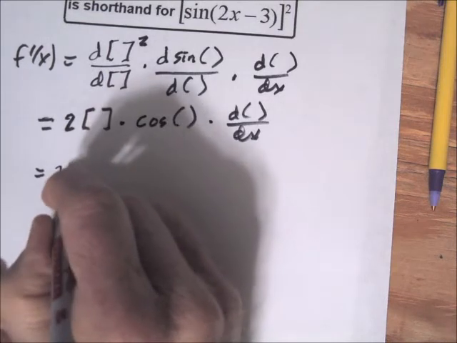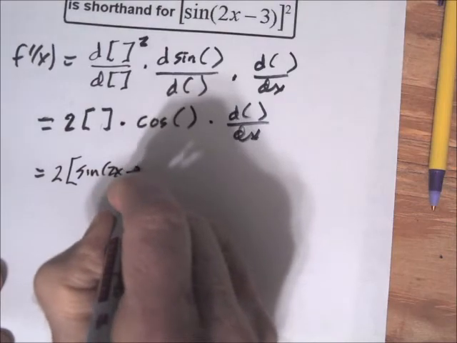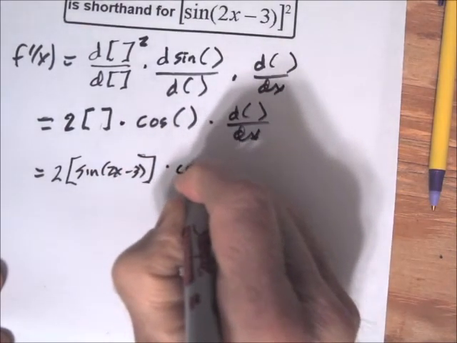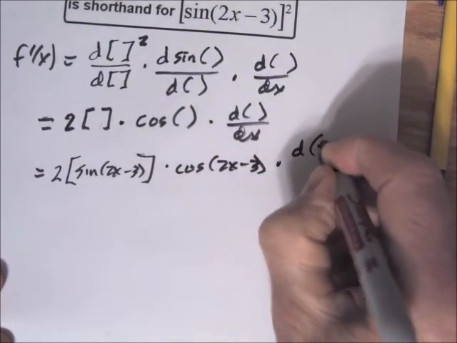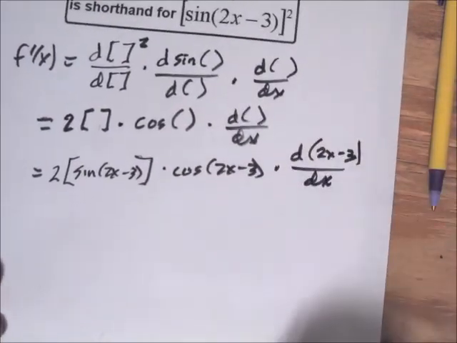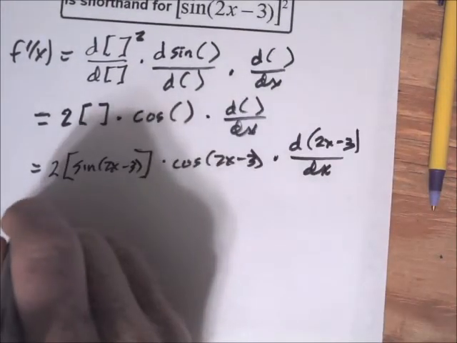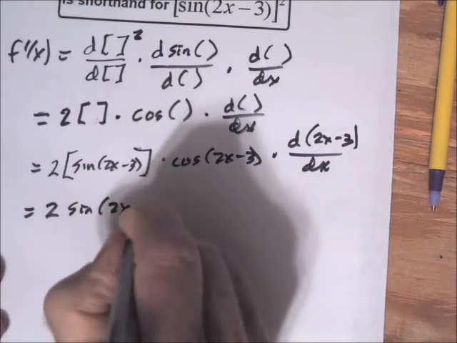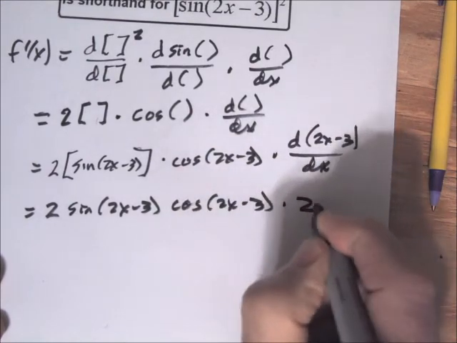We have 2 times what's inside the square bracket, sine of 2x minus 3. And this will be what's inside the round brackets, cosine of 2x minus 3 times the derivative of 2x minus 3 with respect to x. And this last factor is going to be 2. So I'll have 2 sine of 2x minus 3 cosine of 2x minus 3 times 2.